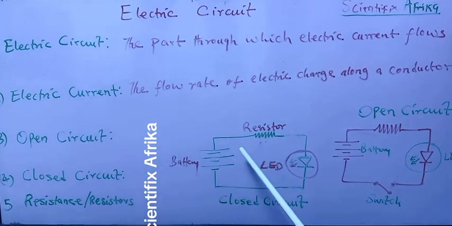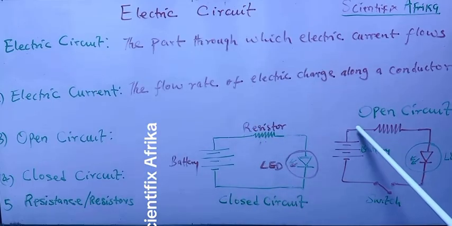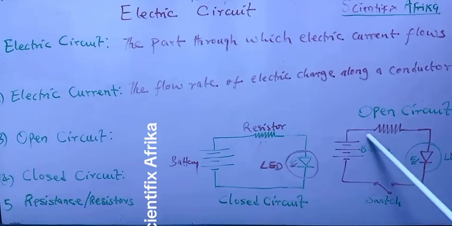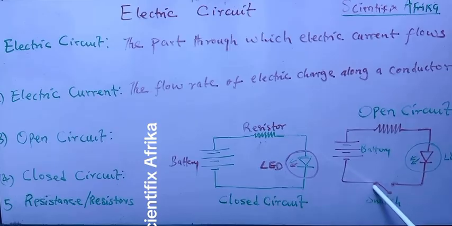When you talk about open circuits, you are referring to a setup like this: a situation whereby the path through which electric current flows is introduced with a gap or a breach or an opening across the path so that the current cannot completely flow. We call that kind of setup an open circuit.